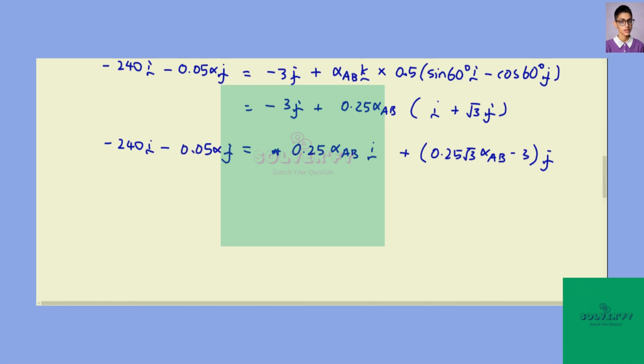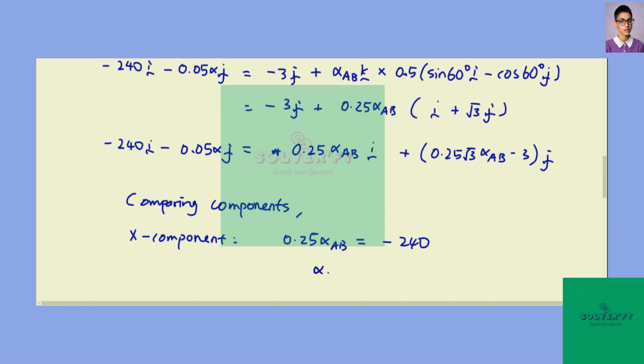Comparing components. For the x component, 0.25 alpha AB is equal to minus 240. That means alpha AB is equal to minus 960 radians per second square.